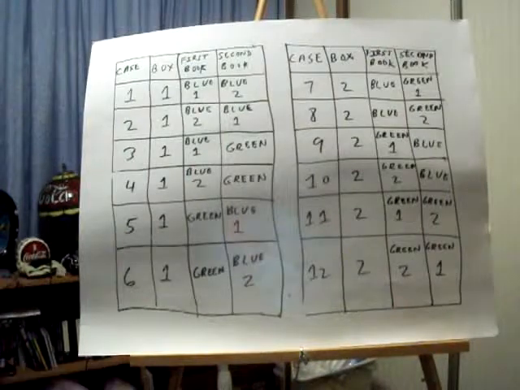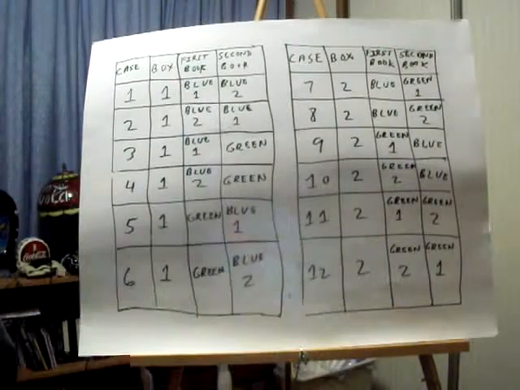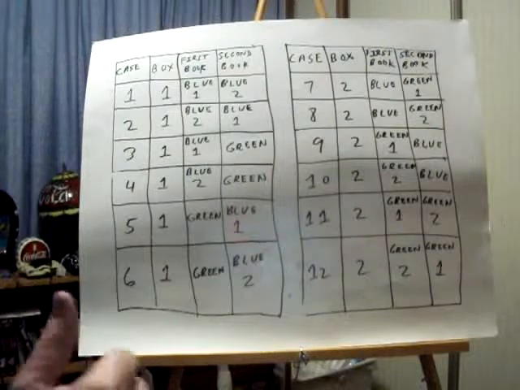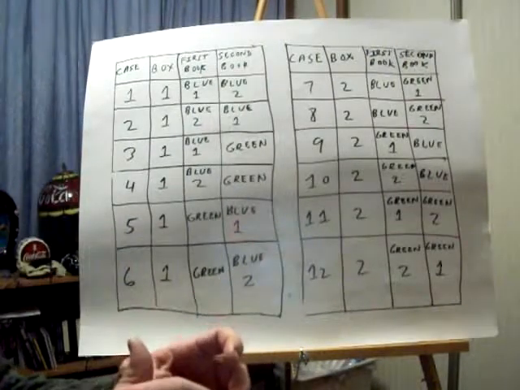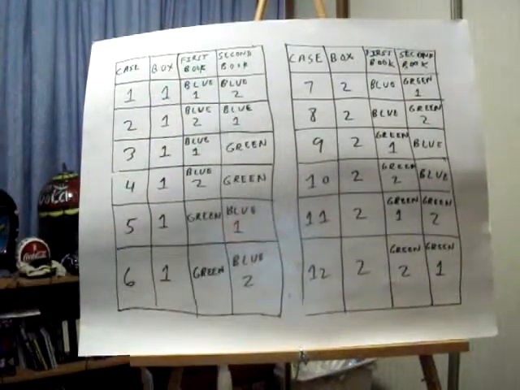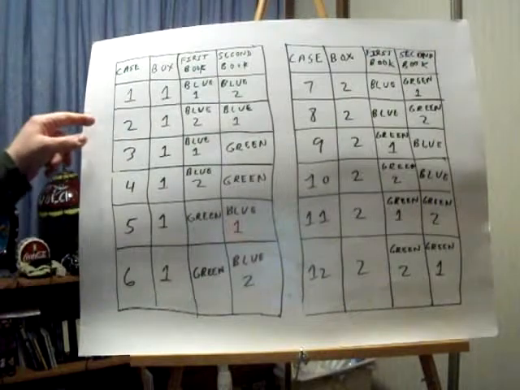Because remember, you have a number 1 taped to one of those blue books and a number 2 taped to the other one. Alright? So in case number 1, the first book you draw out has a blue cover and a number 1 on it. And then the second book you draw out has a blue cover and it has a number 2 on it.